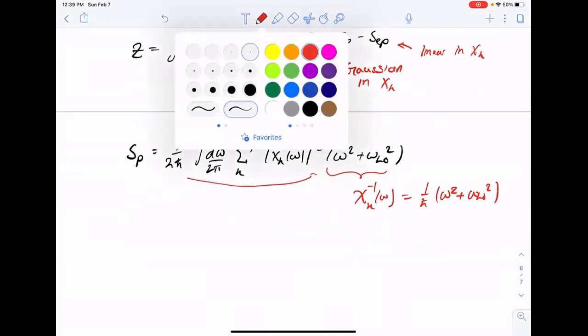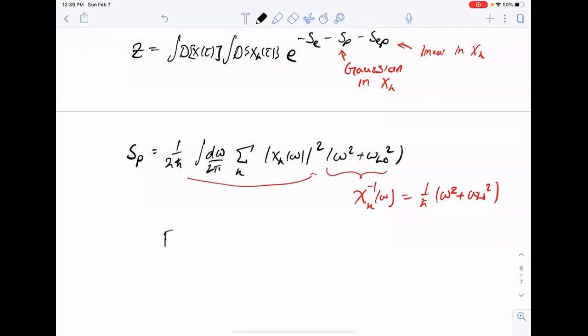The Fourier transform inverse of chi of omega would give us a chi of tau.